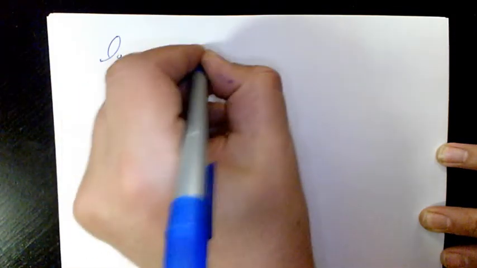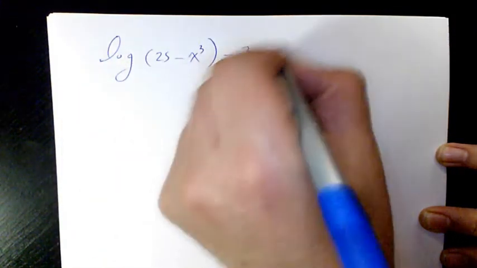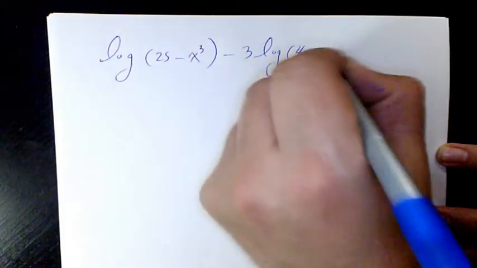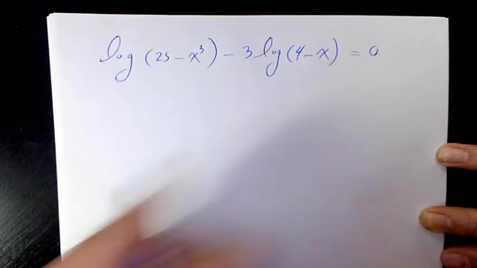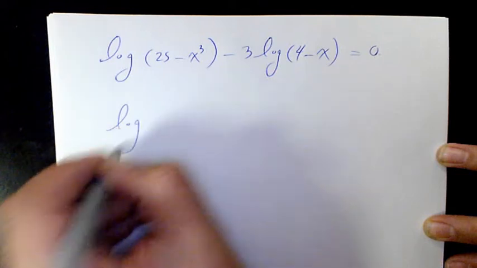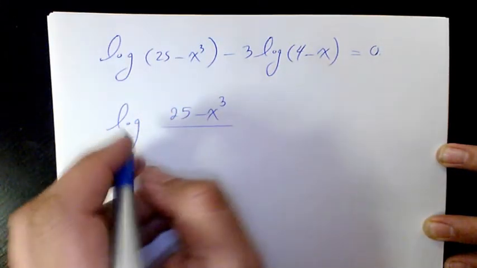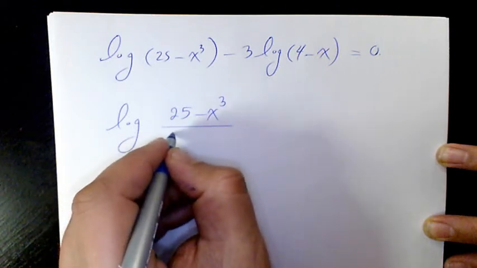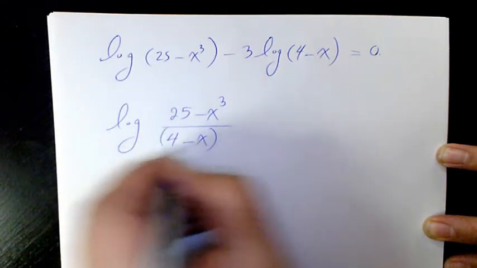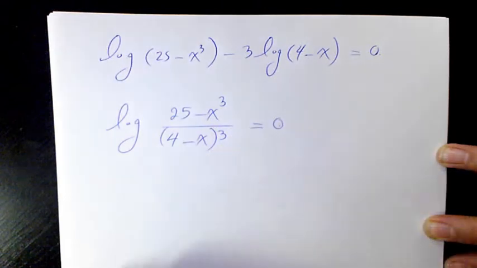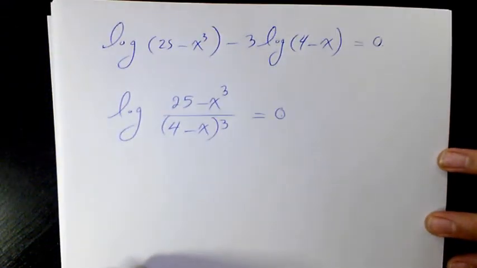I have log of 25 subtract x cubed minus 3 log of 4 minus x equals 0. So I have log of 25 subtract x cubed over 4 minus x to the power of 3 equals 0.